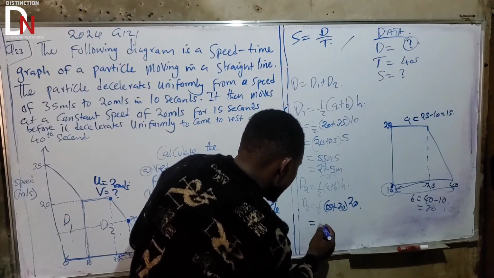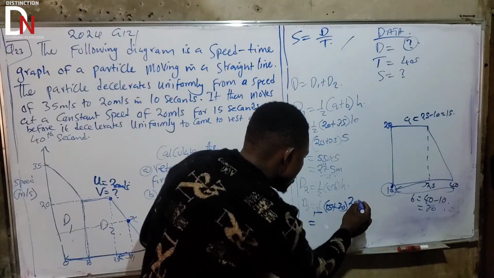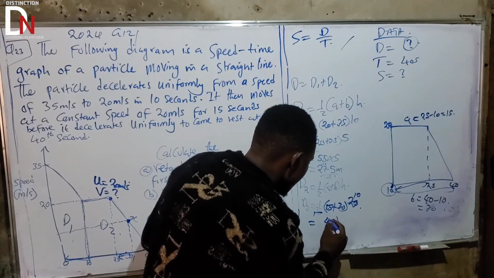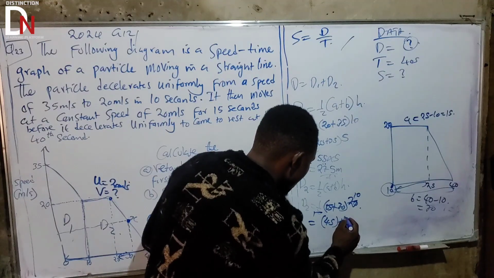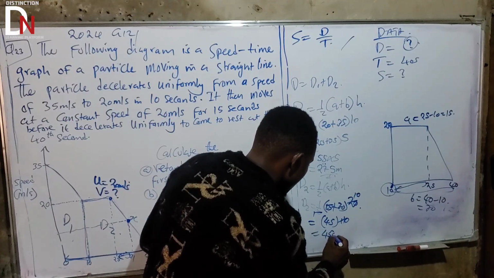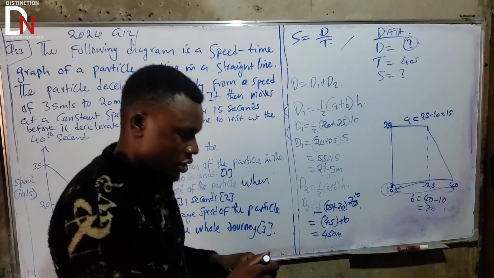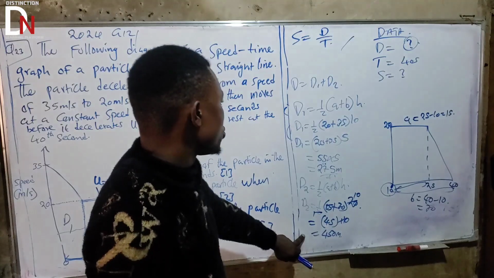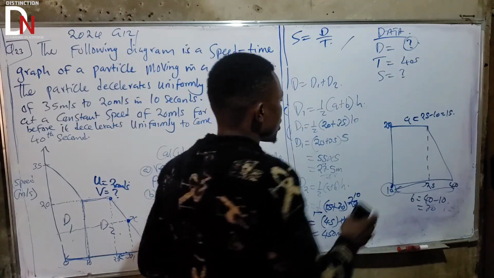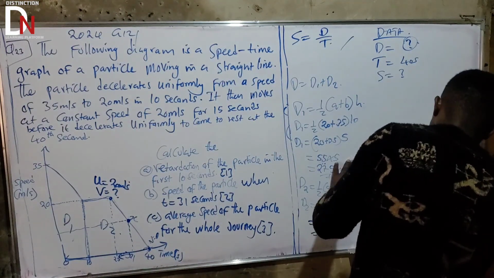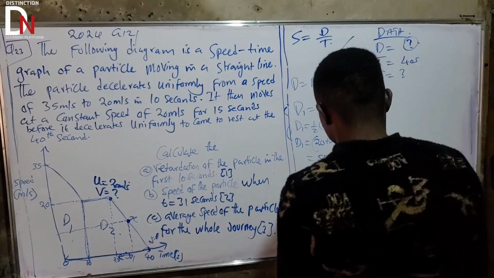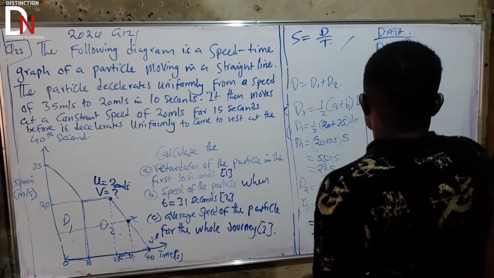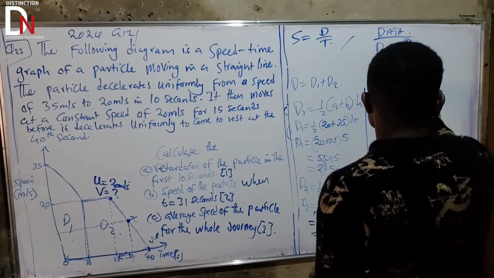Now we are solving. Half of 20 there is 10, and 15 plus 30 is basically 45. Multiplied by 10, we should be able to get 450 meters. Now we found D1 and D2. So therefore, the total distance D is D1 plus D2.